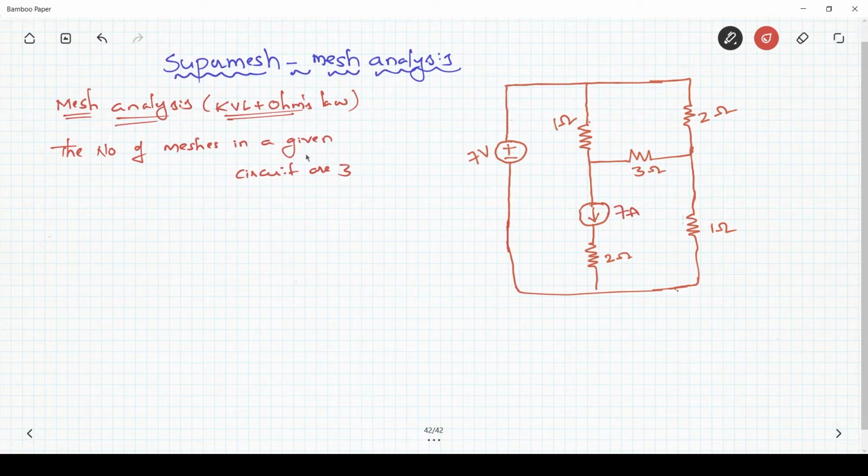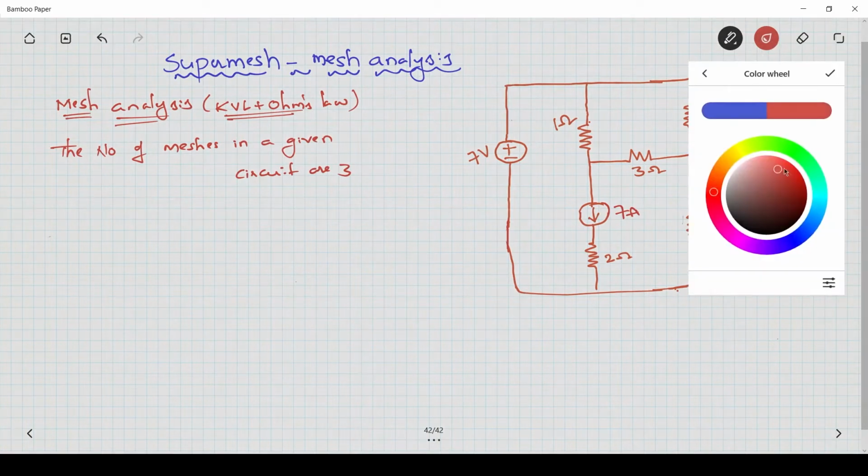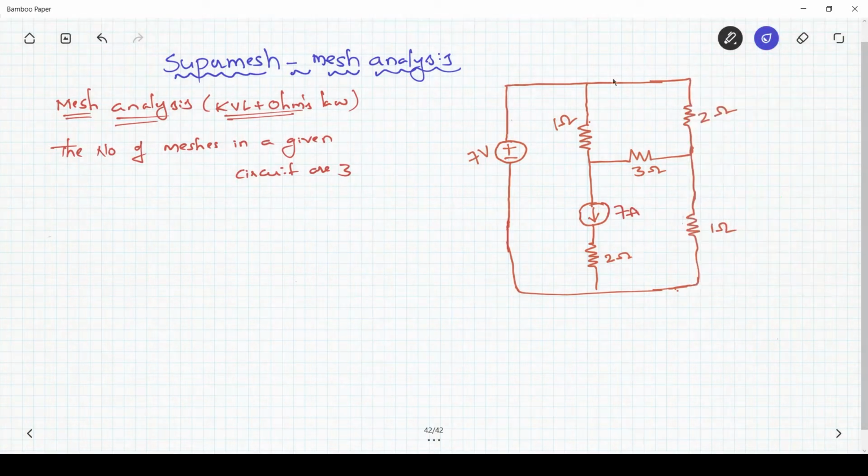Next, what is the second step? We have to mention the current directions in clockwise direction in each mesh. Okay, this is the assumption only. Let this be mesh 1 and the current flowing in this mesh 1 is I1.